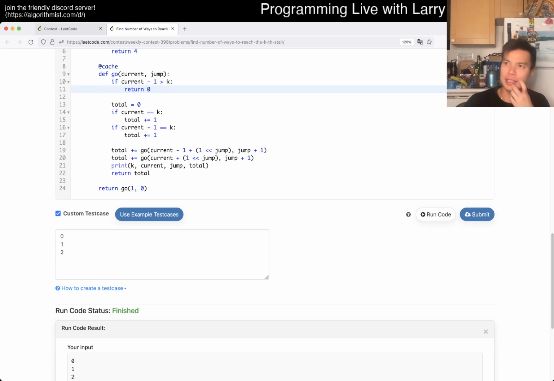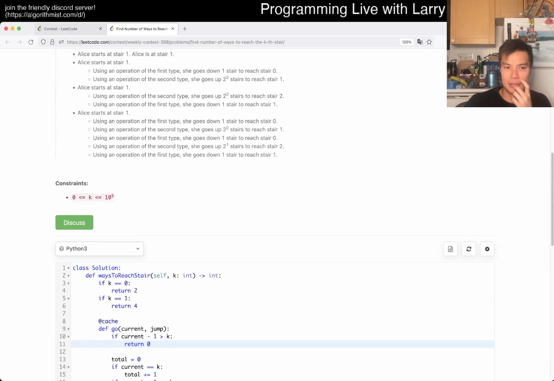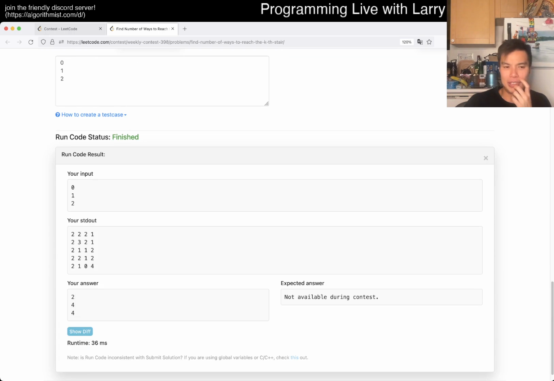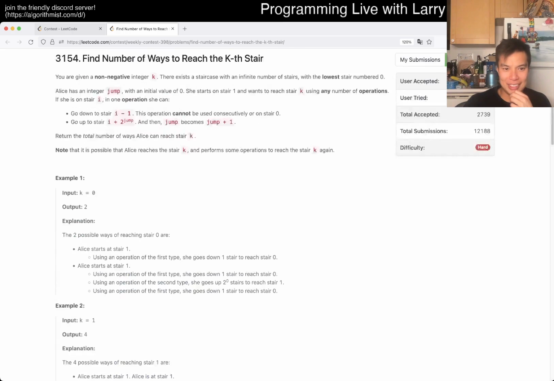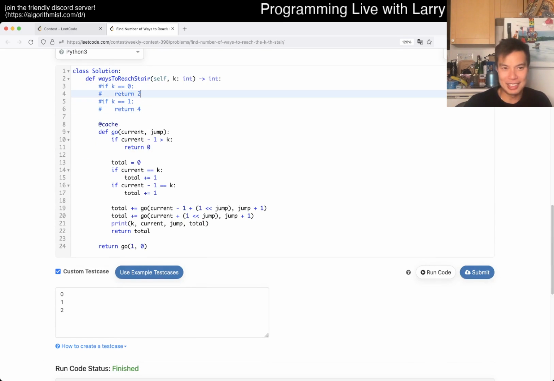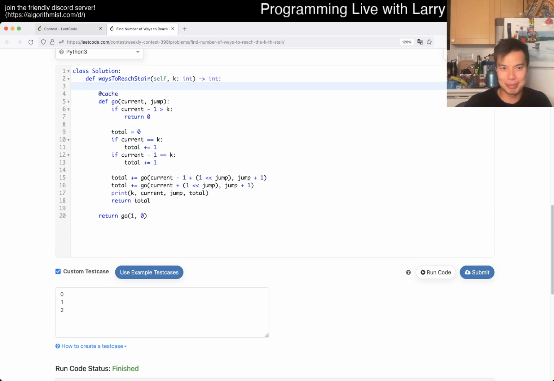Maybe that's the base case, because you can't get smaller. Okay, so now it's returning 4. Is that 4 right? I don't even know if that's right. I think that's the problem. Alright, now at least I don't need this. So that's good.